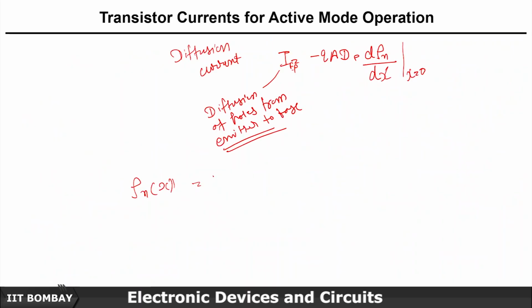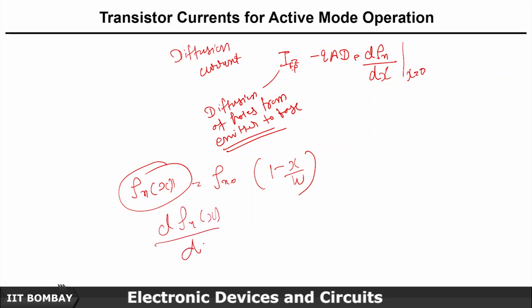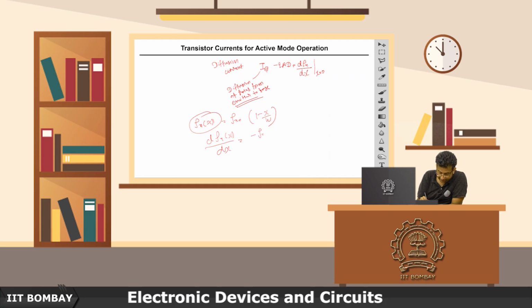Pn(x) is Pn0 times 1 minus x by W, and its derivative with respect to x is minus Pn0 by W, the same for any x. What we get is IEP equals q A Dp Pn0 by W. So this is the expression for the emitter current.